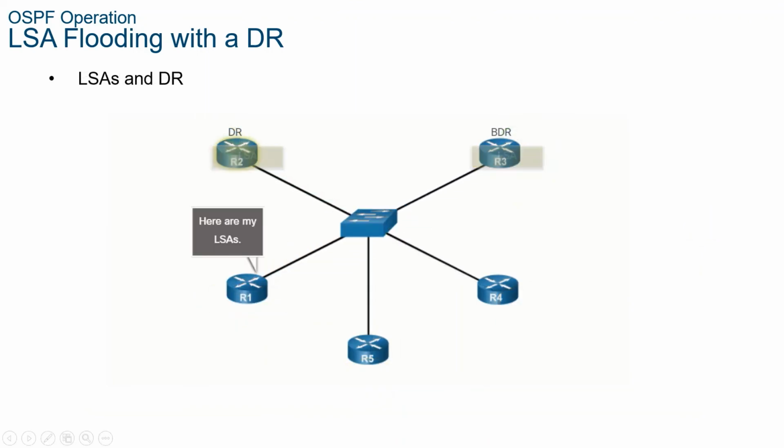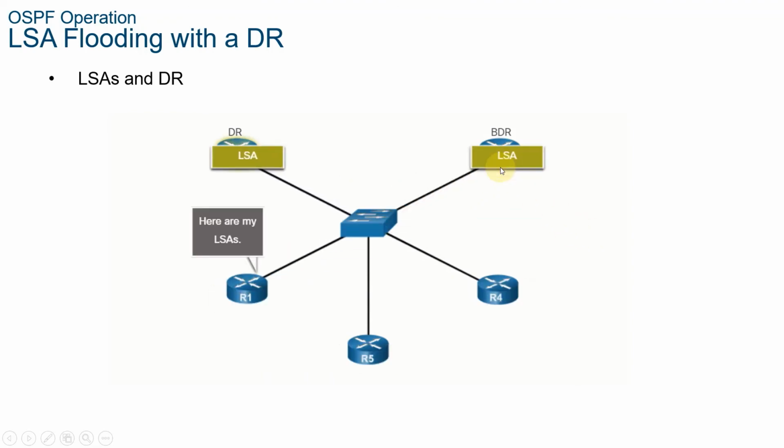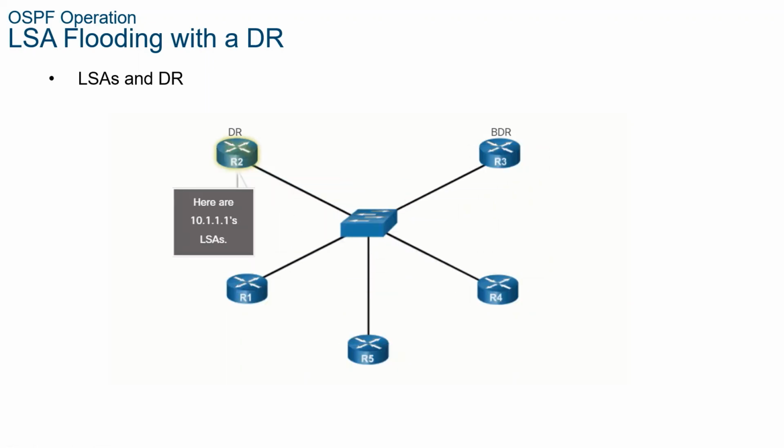Now, the solution to managing the number of adjacencies and the flooding of LSAs on a multi-access network is the DR. In this case, we have R2 here elected as the DR and R3 elected as the BDR. On multi-access networks, OSPF elects a DR to be the collection and distribution point for LSAs sent and received. A BDR is also elected in case the DR fails.